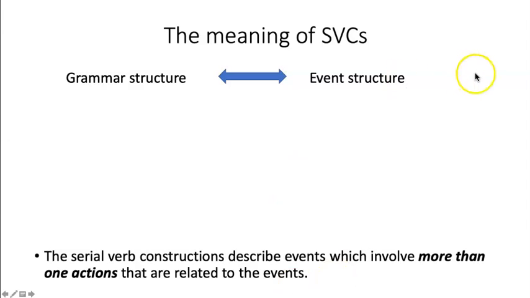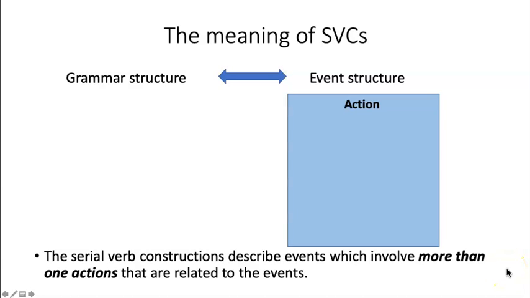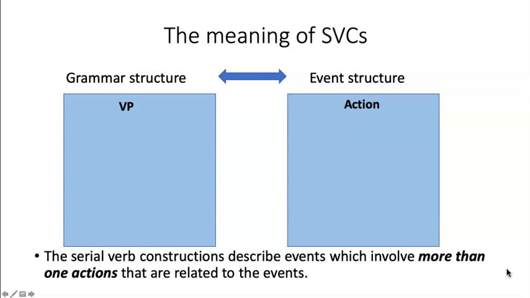Event structure refers to the structure of an event in the real world. It is oftentimes reflected in the grammar structure. Let's look at an action in the event structure. And the action may be expressed through a verb phrase.